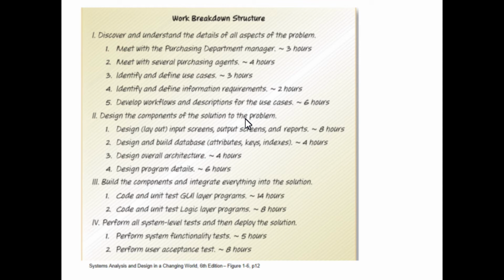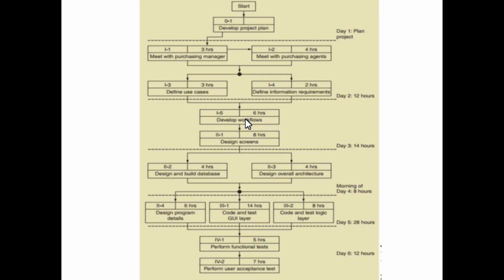There is also what we call the PERT chart, which is the Program Evaluation and Review Technique, which is used to determine the duration of a task by calculating the expected time. There is a procedure to calculate that, but you will determine the duration of each task, and then you can use the diagram to show your work breakdown structure.